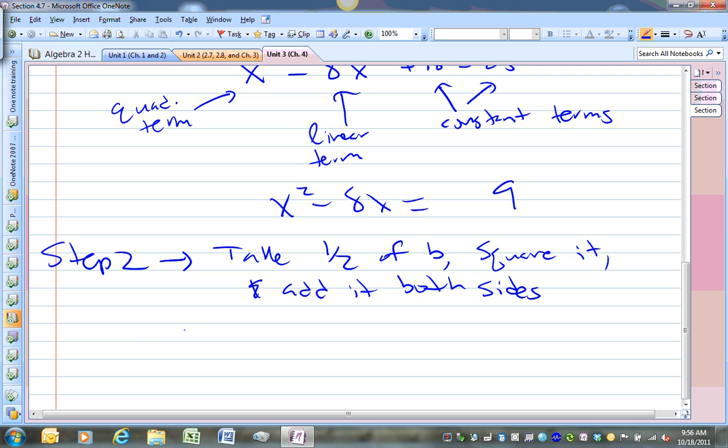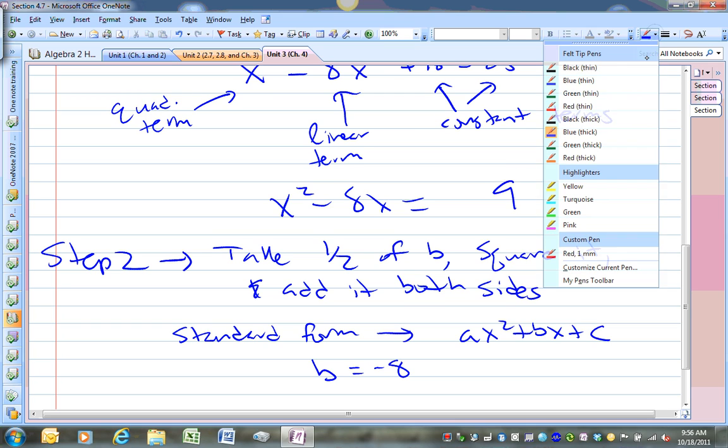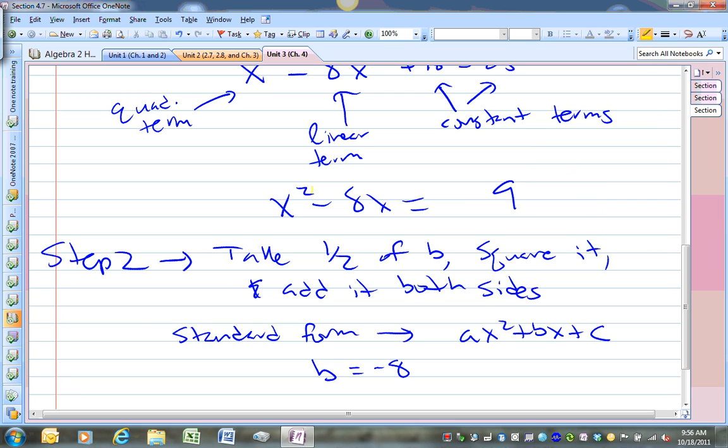But remember, standard form is ax squared plus bx plus c. So for our example, b is going to equal negative 8, because you see right up above that negative 8 is a coefficient for our linear term.